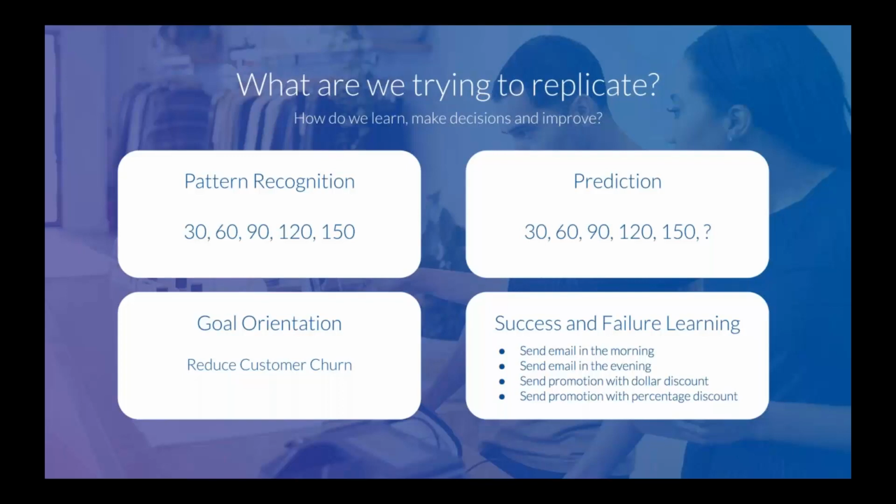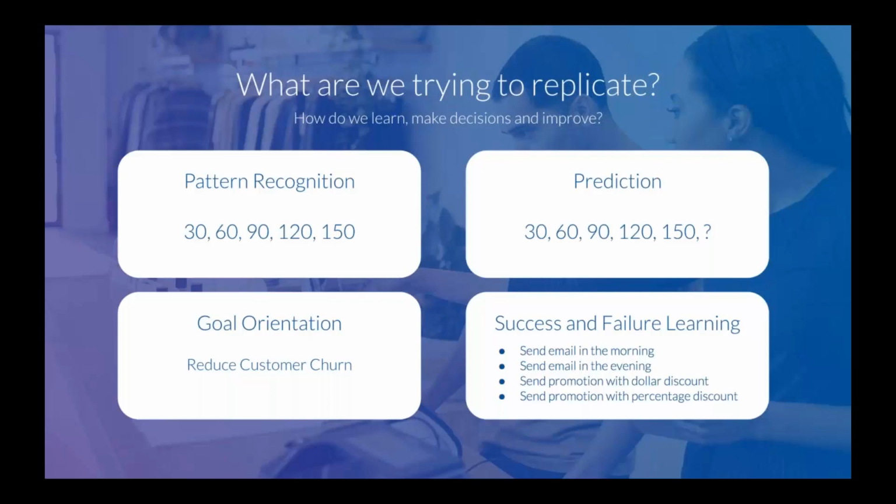Step four is success and failure learning. We then give the machine the tools it needs to achieve its goal. And in the marketing world, these tools would be things like communication channels, emails, and SMS marketing. The machine will try different communication channels to achieve the highest conversion rate. And with each attempt, the machine will measure the results to see whether it has reduced shopper churn or whether it has increased.